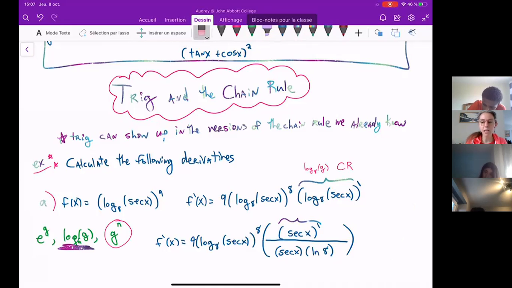Now I ask myself again, product rule, quotient rule, chain rule, or none? You got it. None, because now it's just secant of x. So it's just an x there.